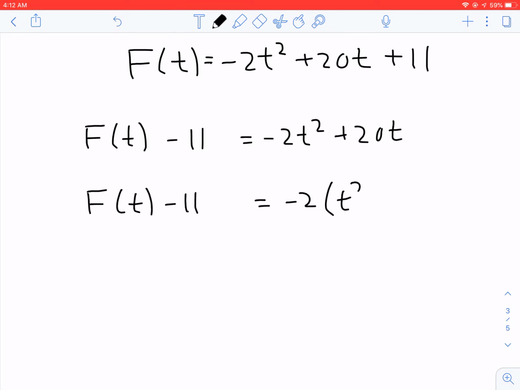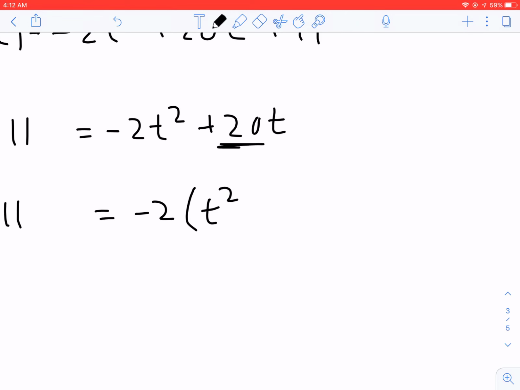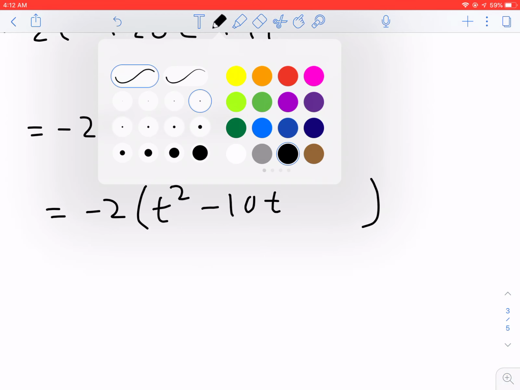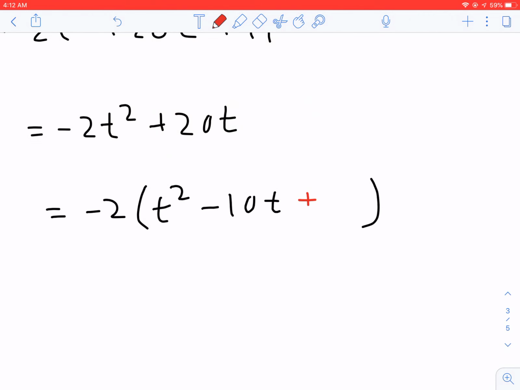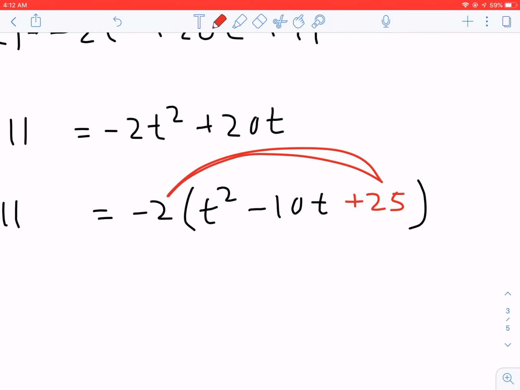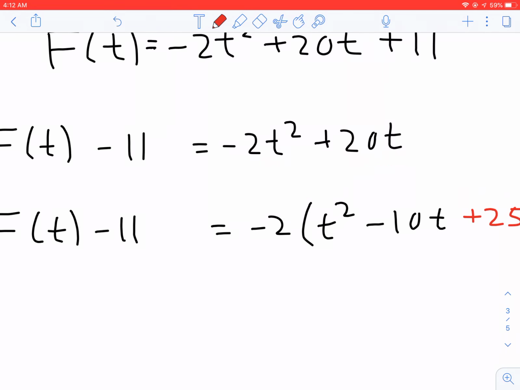So taking out a negative 2 from 20, that's going to become minus 10t. And to complete the square, we're going to be adding 25 here, right? Half of negative 10 squared. But what are we really adding? We're really adding negative 2 times 25. So on the left side, this will be minus 50.